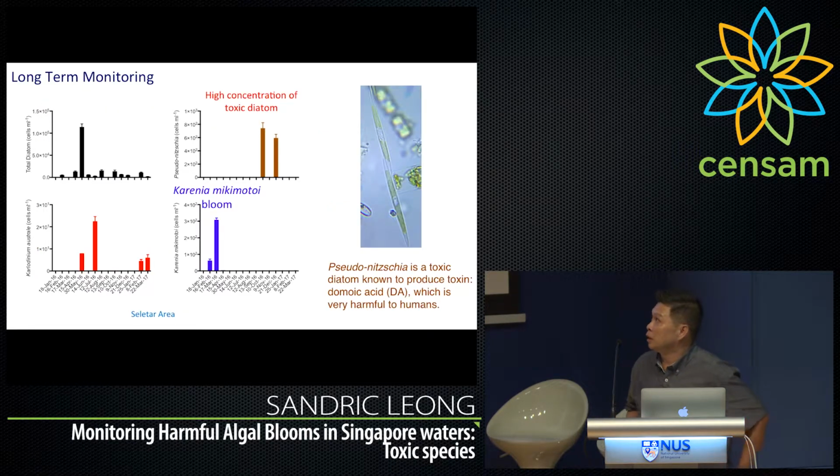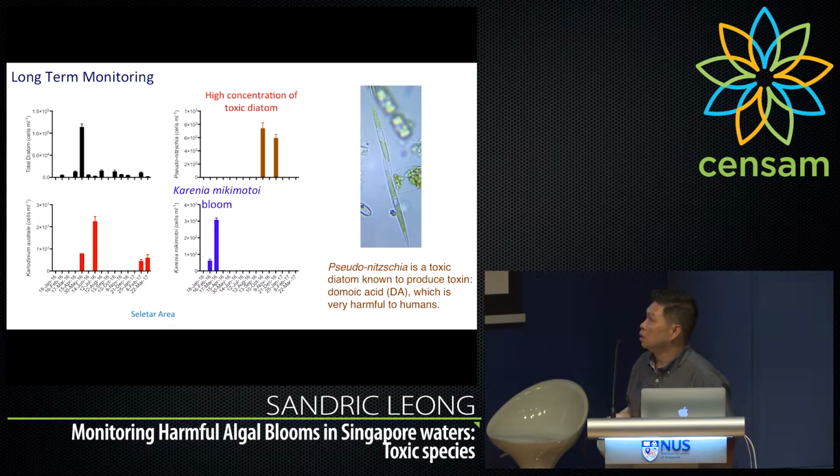We also started long-term monitoring on a monthly basis from January 2016. This is the total diatoms, which exclude the toxic species. And this is one of the toxic species that we are monitoring, the fish killer.